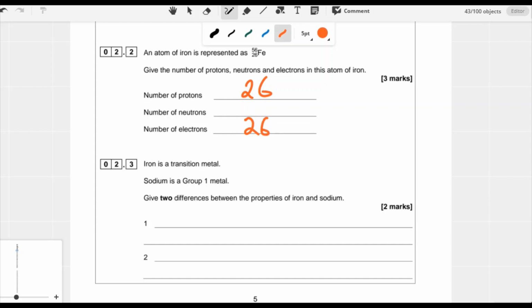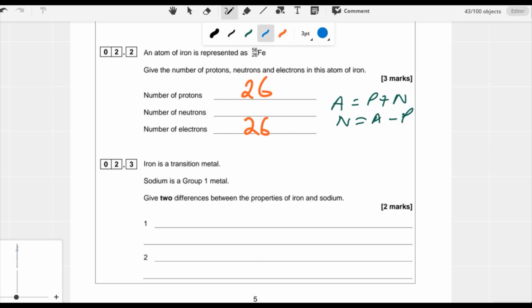While what will be the number of neutrons? For finding the number of neutrons, we know that the mass number is equal to protons plus neutrons, so the neutrons will be equal to the mass number minus the atomic number, or the number of protons.